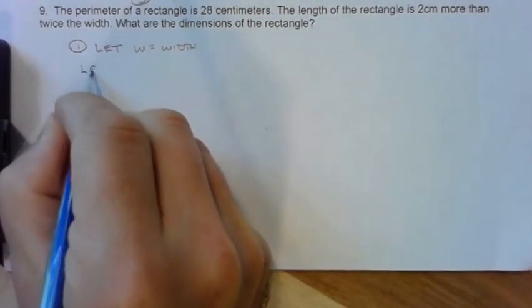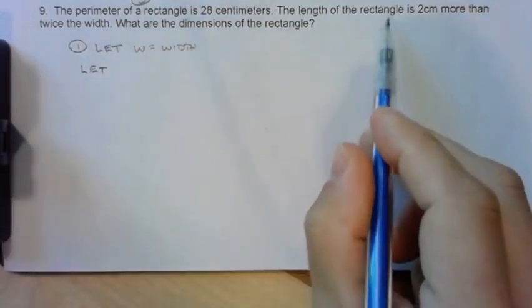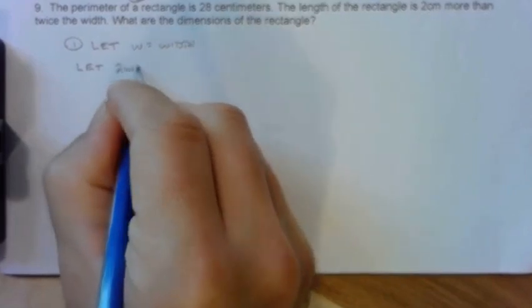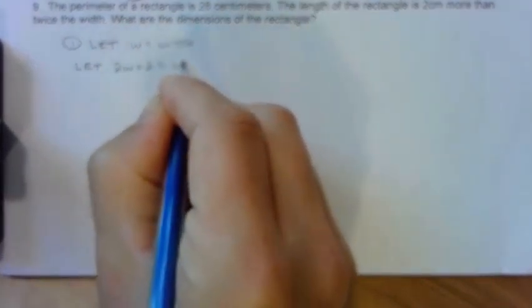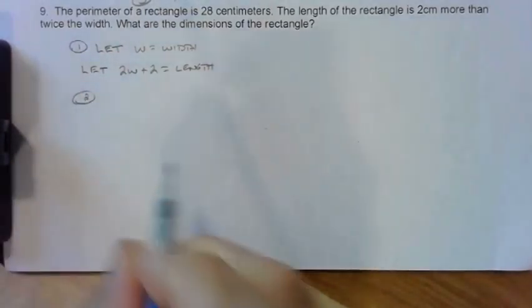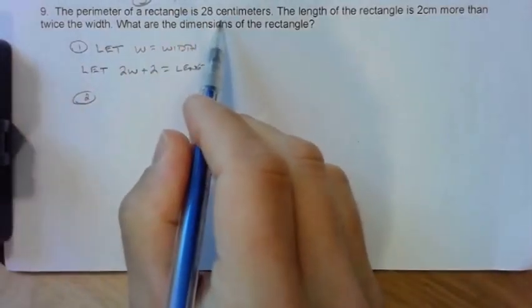And then since W is my width, the length is 2 more than twice the width. So 2W plus 2 must be the length, all right? 2 more than twice the width. That is the length. Now let's go ahead and see if we can make an equation to represent this problem. Step 2. The perimeter is 28 centimeters.